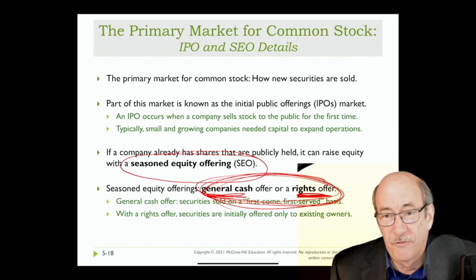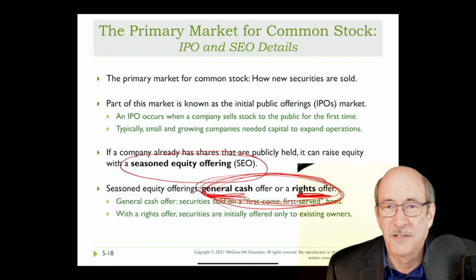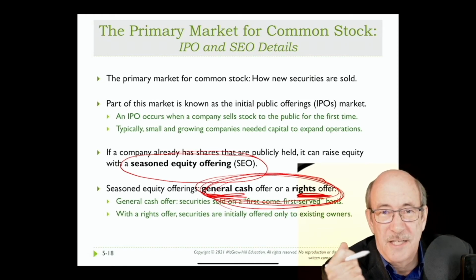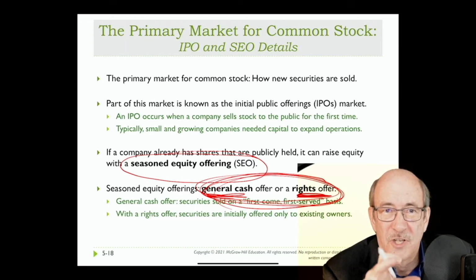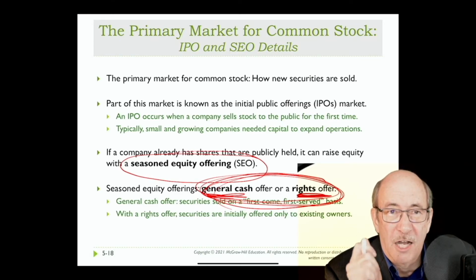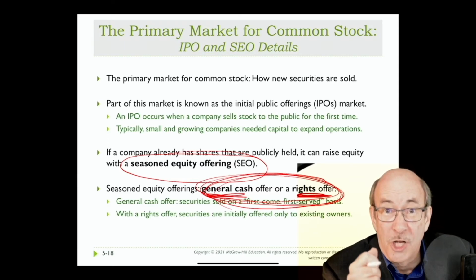Another type of seasoned equity offering is known as a rights offering. It's a little bit cheaper to do, because instead of selling to the general public, we just go to the existing shareholders and say, you own one share of our stock, and I'm going to give you the right to buy 1/10 of a new share.